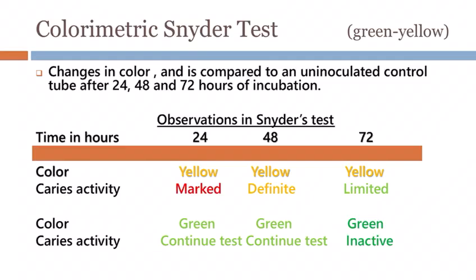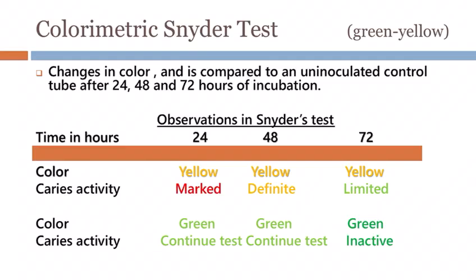First we will look at how the test is done. Saliva is observed at 24 hours. If the color changes to yellow, the caries activity result is given as marked and the test is completed. Whereas if the color is still green, the test is continued until 48 hours and observed again.